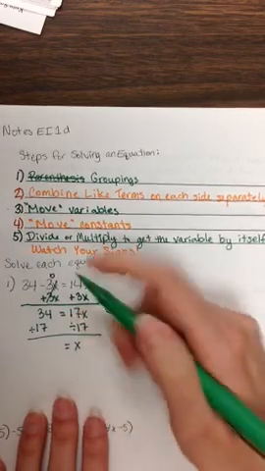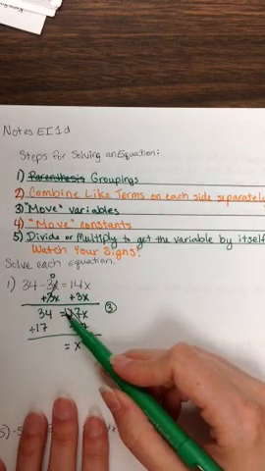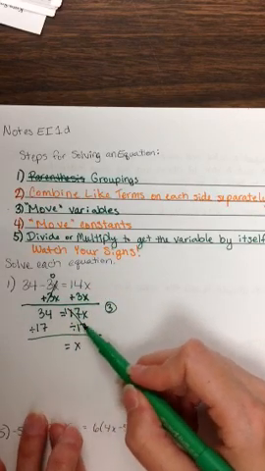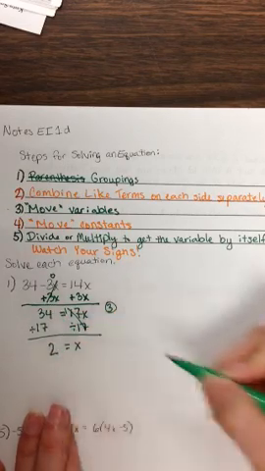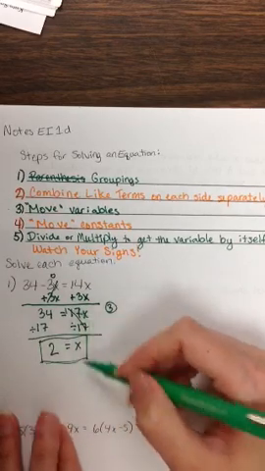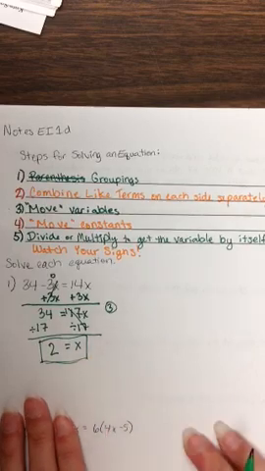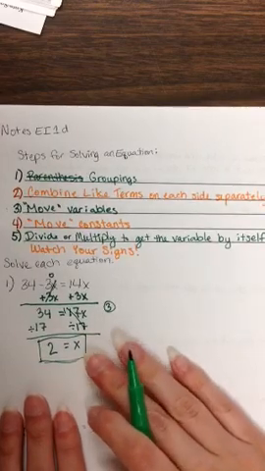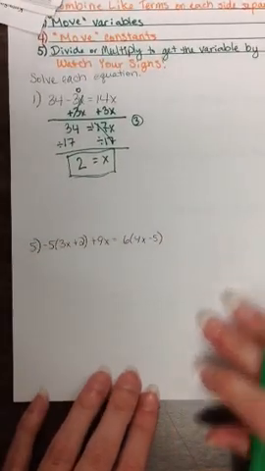On the right, my 17s just become 1, so 17 divided by 17 is 1. I get a 1x, or just an x. 34 divided by 17 is 2. And I'm going to go ahead and box my answer. These problems are starting to get to be a lot of steps, so please go ahead and either box or circle your answer at the end so that I can see when you are done.